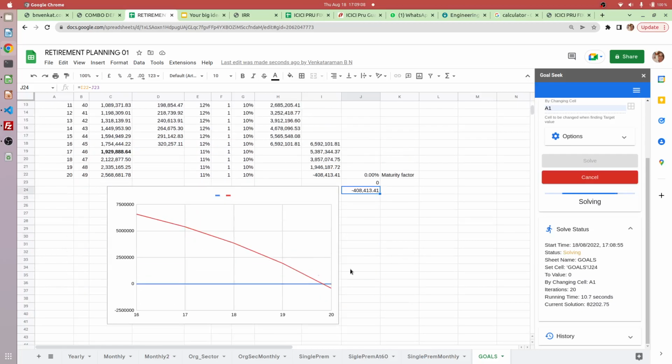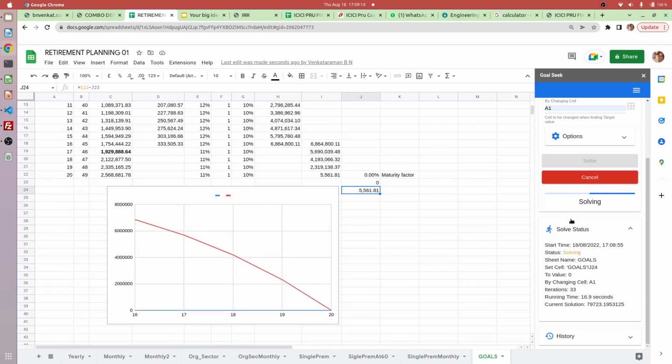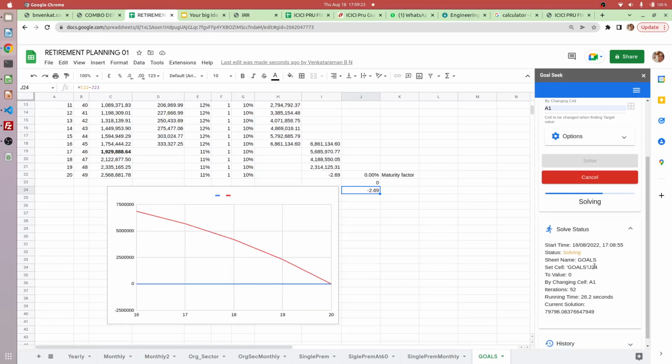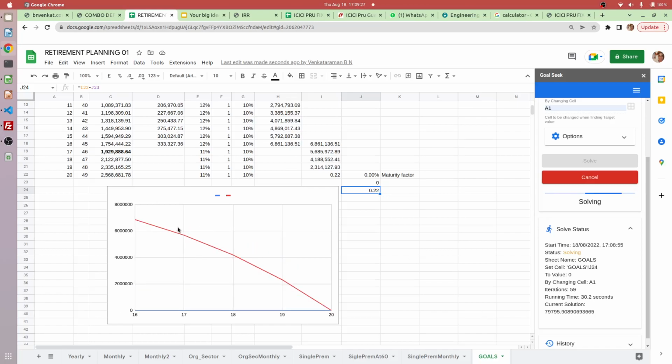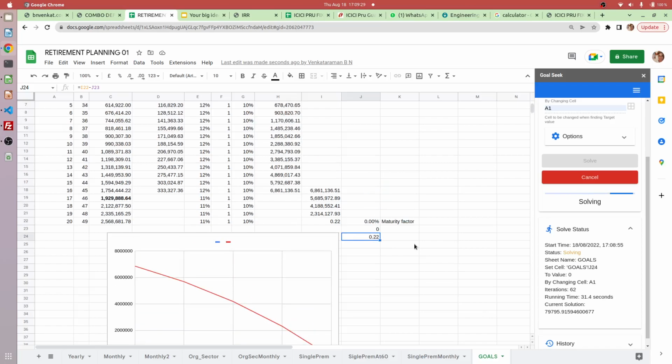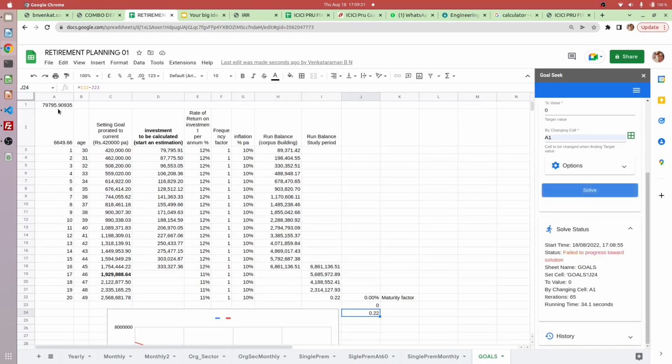The chart and graph also go on varying. It may go to around 70 iterations. The iteration is 48 now, 52, 54 and so on. Accordingly, the graph also changes.